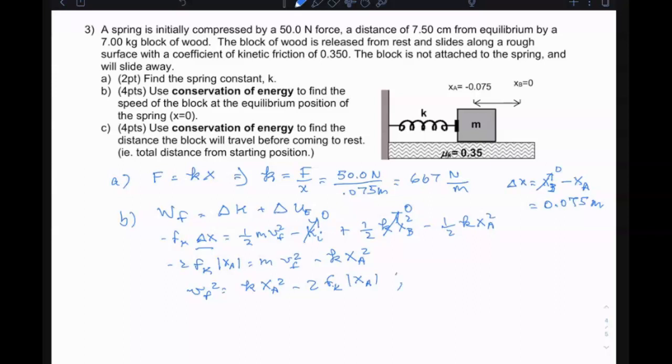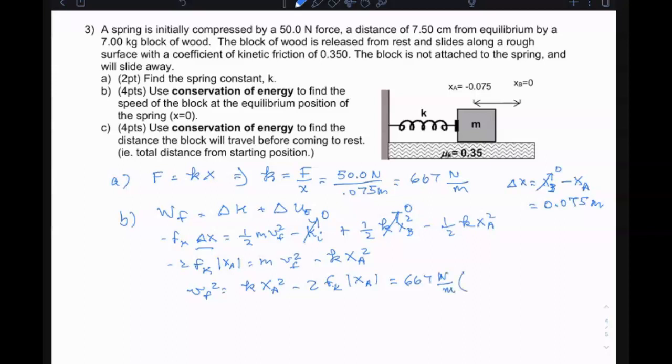Xa, as we know, well, let's just go ahead and put in the numbers. K, we found from part A, is 667 newtons per meter.